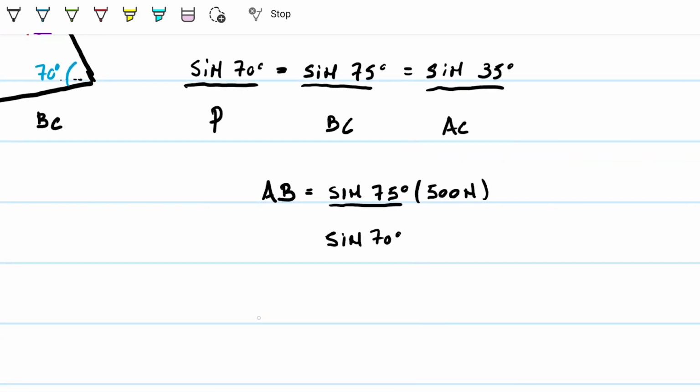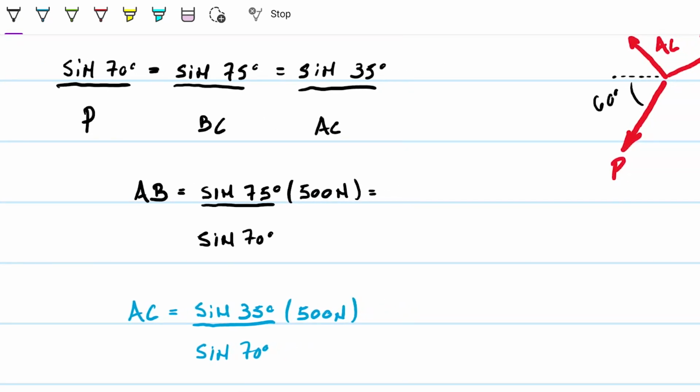And my AC will be the sine of 35 divided by sine of 70 times P, which is 500 newtons. Okay, and what I get here for my AB is 513.958, and it keeps going, so I'm going to go ahead and approximate this to 514. And that will be my answer right there.